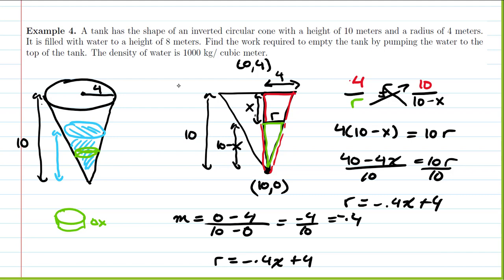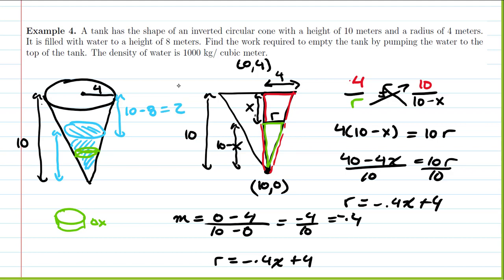We got to be a little careful. This is where it gets tricky. How full was the tank? So this was all the way up at 8 meters. So if it's at 8 meters, our x is the distance from the top. So what would this distance be? Yeah, it's going to be 10 minus 8, which gives us 2.